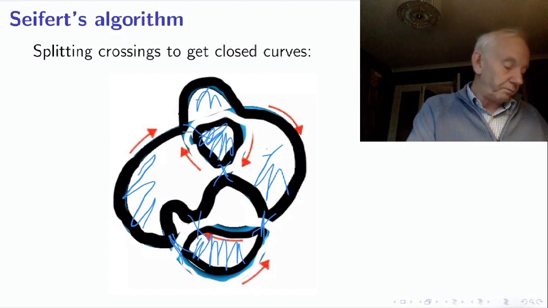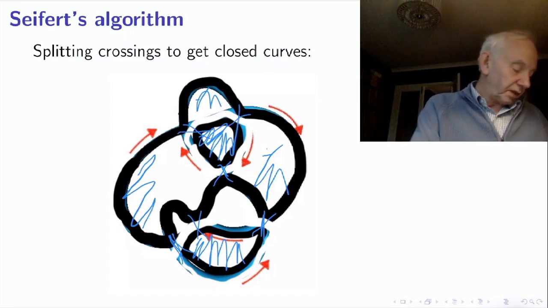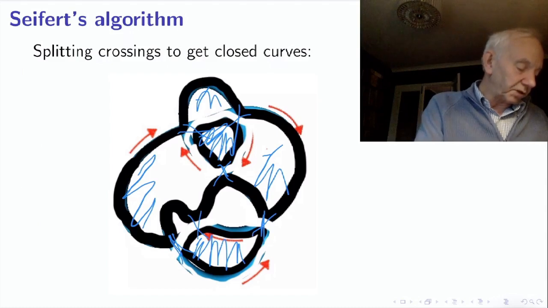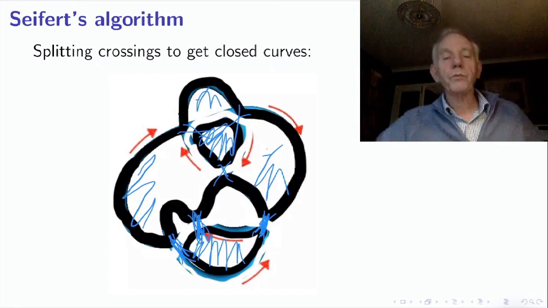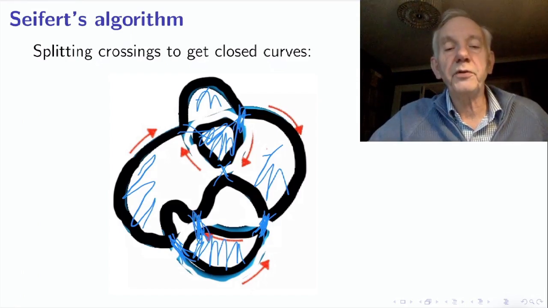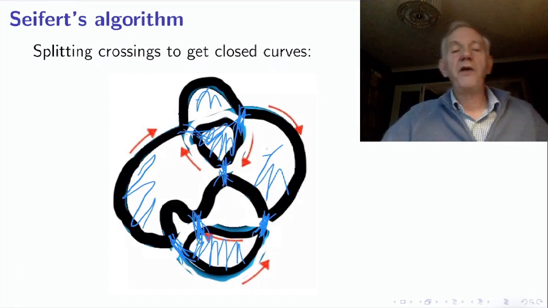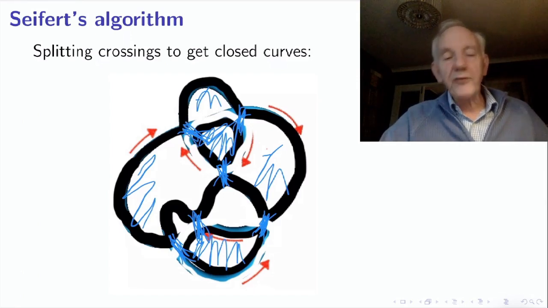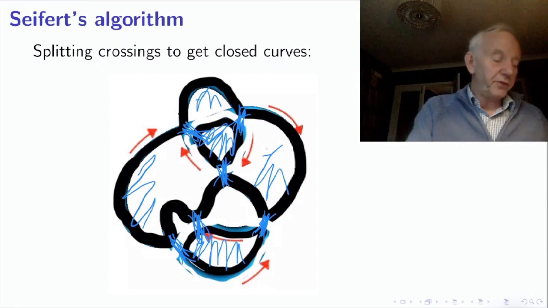I'm going to make them bolder here. But there are going to be twisted bands. So you're not seeing the twist here, but you will in a moment. So we join these 3 disks by twisted bands. I'll just wait for those to materialize. And now I'll show you the picture you get when you do that.